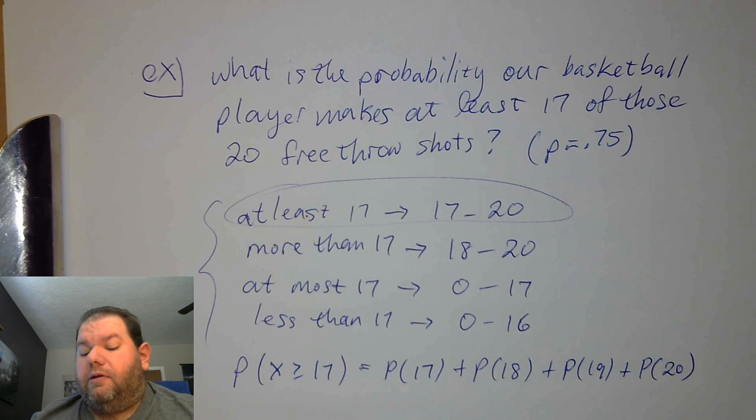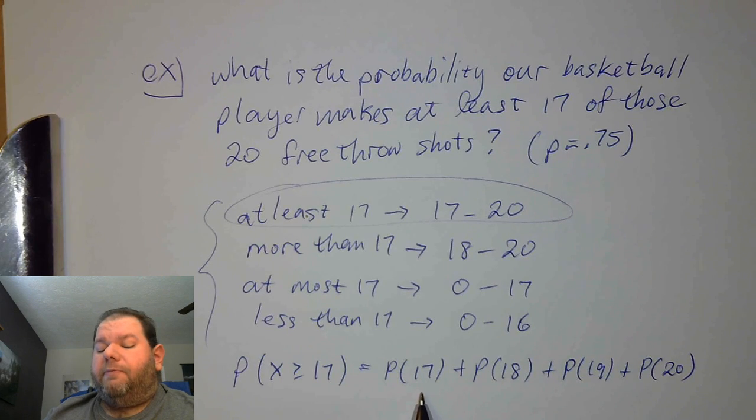Okay? So what happens is if we have a range of values like we have here, rather than just a single value, that means we have to calculate the probability of each of those values and then add them together.